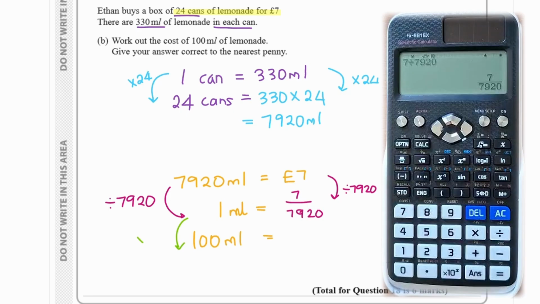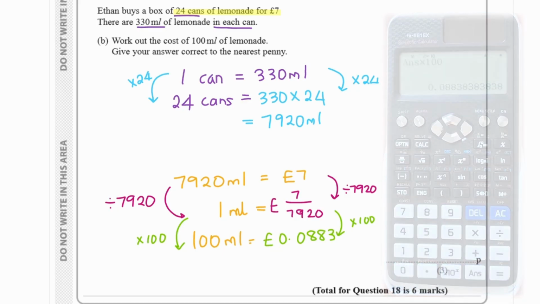We then need to check what we did to the 1 in order to make it 100, and we have just multiplied 1 by 100. Therefore, we would have to do the same to the answer that we got. So if we use the answer that we got and multiply it by 100, that gives us 0.088, and these values are in pounds.